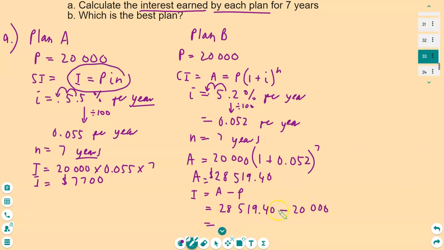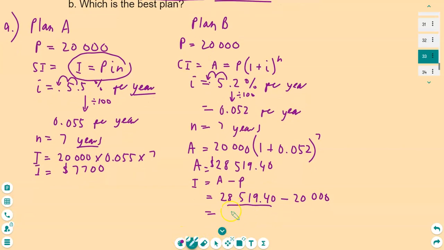I don't have confidence in myself, but I feel like it's going to be that. I still chuck it in my calculator. 519.40 take 20,000. I should have had more confidence, because yes, it is right.